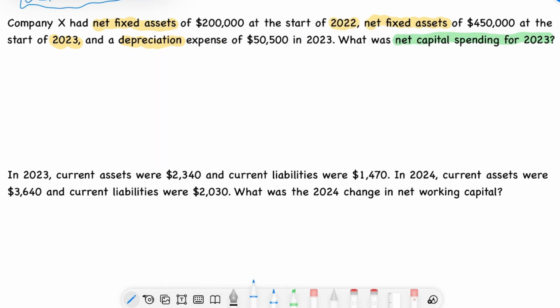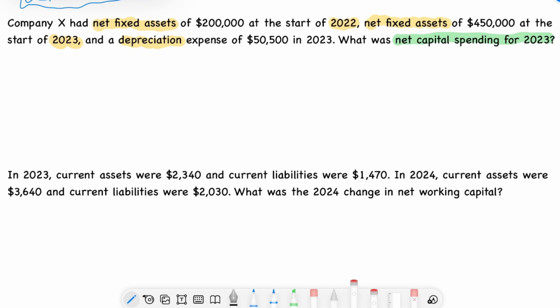Now, here's what we have happening here. The net fixed assets in 2022 are our beginning net fixed assets. The beginning or the start of 2023 is also the end of 2022. So that's going to be our ending net fixed assets.